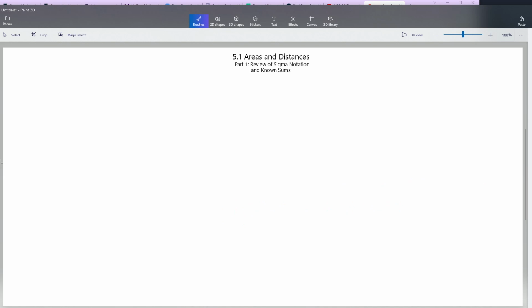So we are going to be looking at the sum from 1 to n of i, which would just be 1 plus 2 plus 3 plus 4 up to whatever number is at the top here. Okay, and you can show that this turns out to be n times n plus 1 over 2.